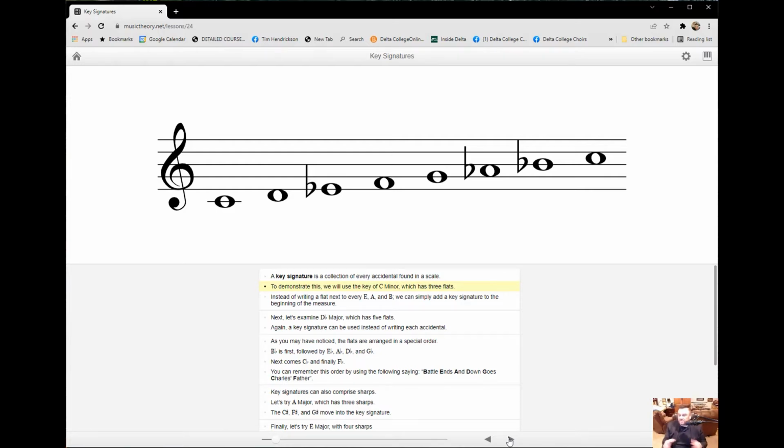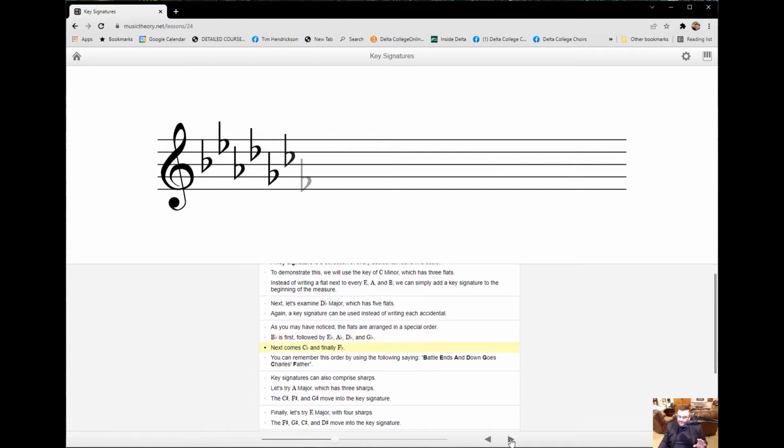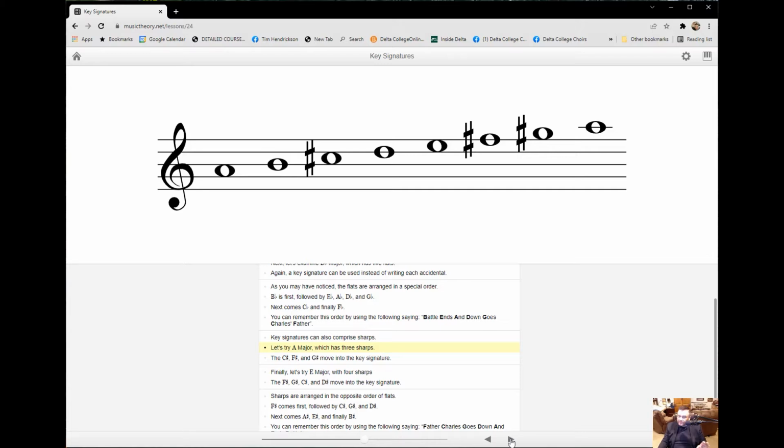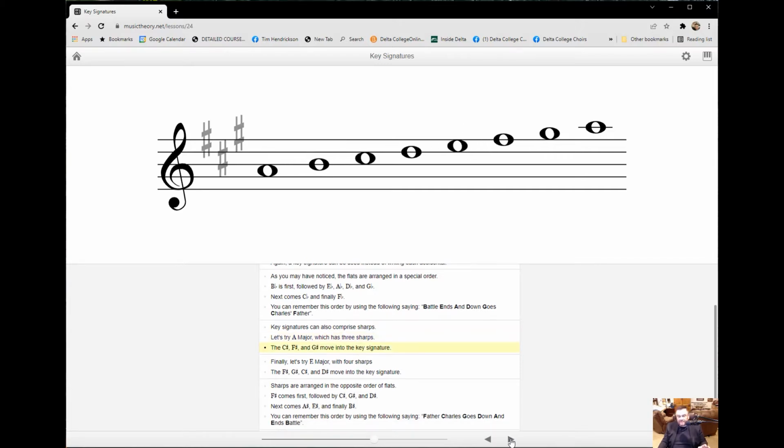So this could be a little bit confusing to you, but C minor uses a specific key signature, and that key signature is the same as a major key. So in this instance, it's showing you the key of D flat, a D flat major scale. So by all means, use whatever tools necessary, but just be aware this is a little bit of a different take on key signatures, but it does help.